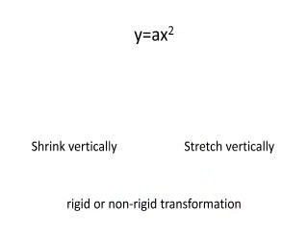Now remember that our parent function is just y is equal to x squared. So what we're going to look at first of all is just what happens to that parent function when we put a value in front of the x squared other than 1, because we know if it's a 1, then it's our parent function.